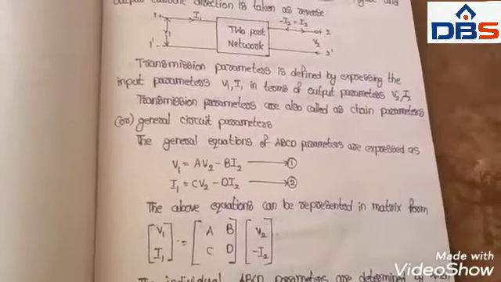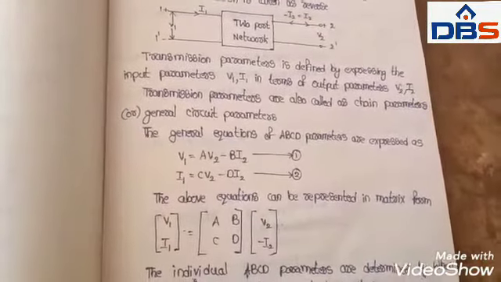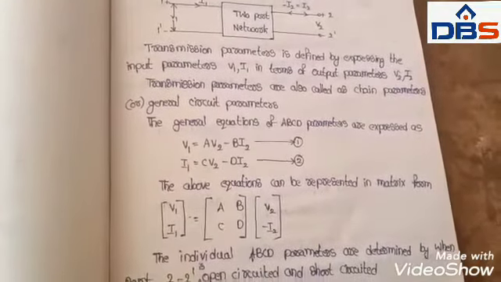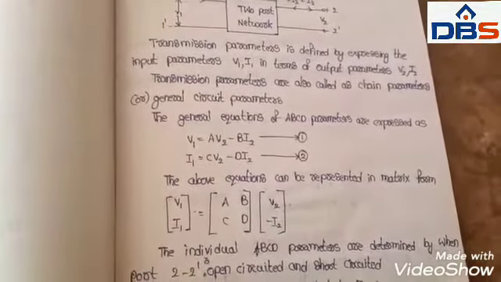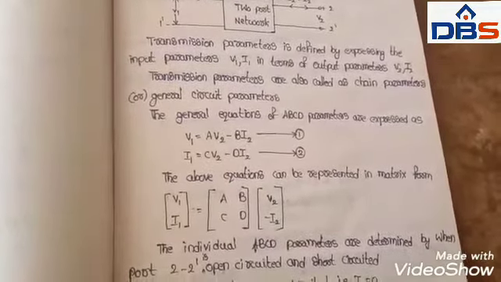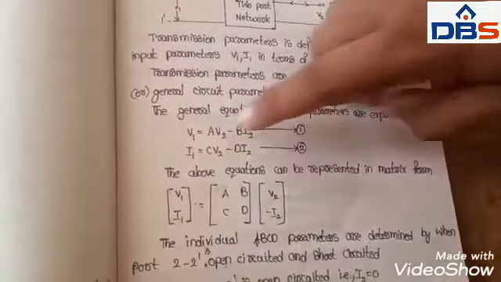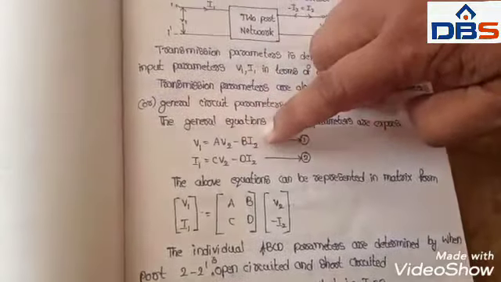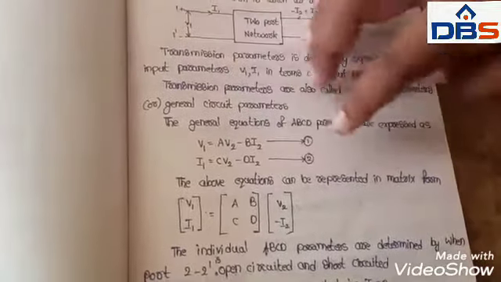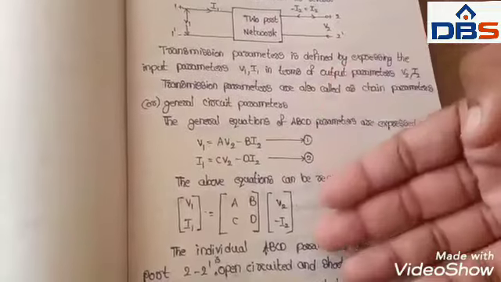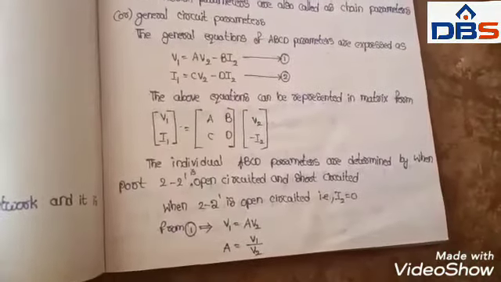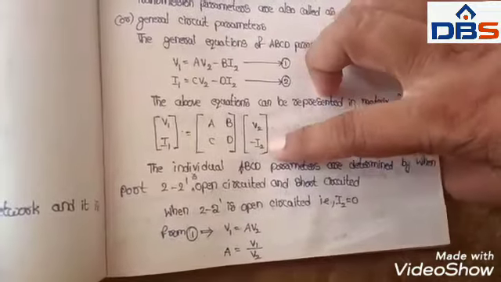Therefore the ABCD parameters, or transmission parameters, are defined by expressing the input parameters V1, I1 in terms of the output parameters V2, I2, that is V1 is equal to A V2 minus B I2, I1 is equal to C V2 minus D I2. Now it can be expressed in matrix form: [V1; I1] is equal to [A, B; C, D] times [V2; -I2].